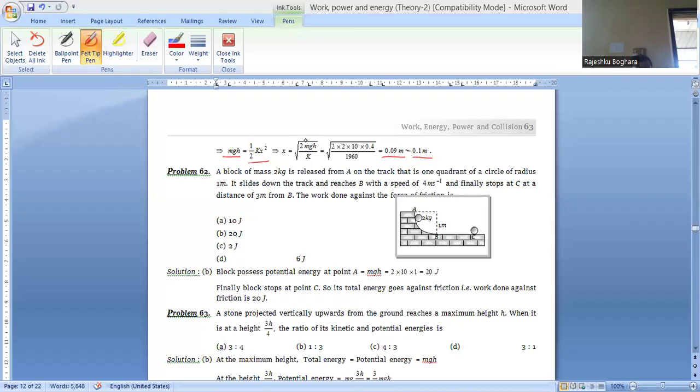Now put the value of v in the formula of power, P equal to F into v. Force is constant, so we write v in terms of force: F into F by m into t. F and m are constant, so P is proportional to t. Such MCQs can come.